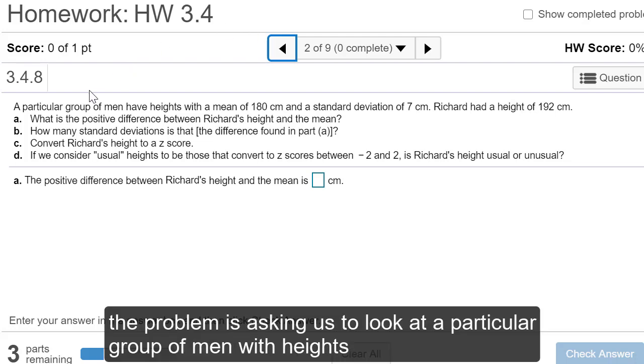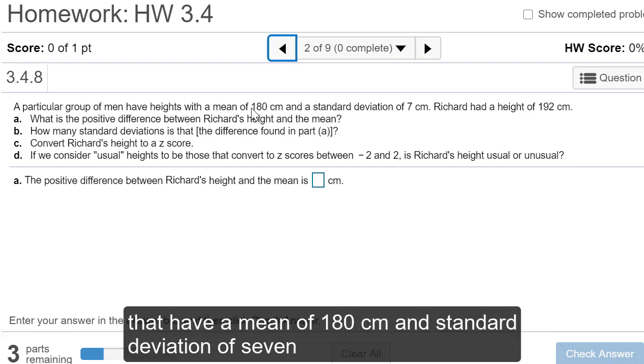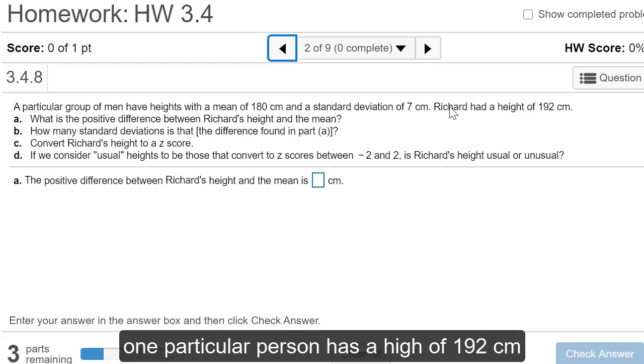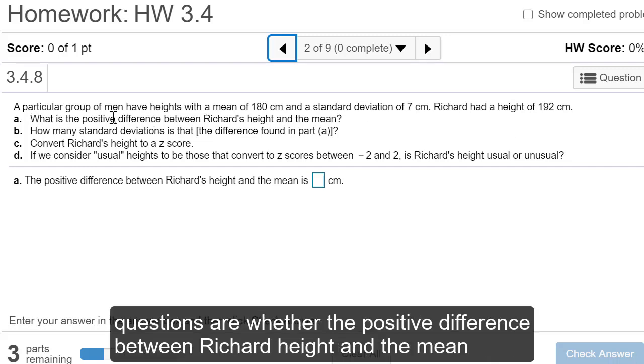This problem is asking us to look at a particular group of men with heights that have a mean of 180 centimeters and a standard deviation of 7. One particular person has a height of 192 centimeters. The questions are, what is the positive difference between Richard's height and the mean?